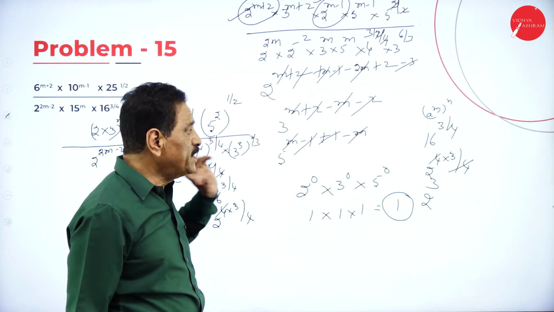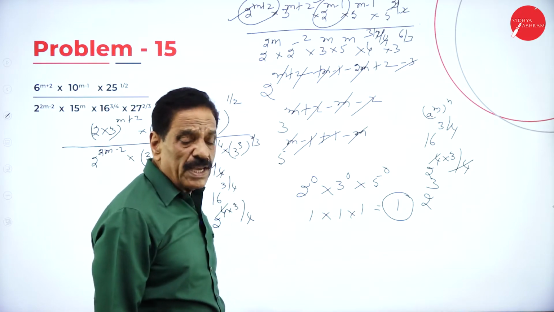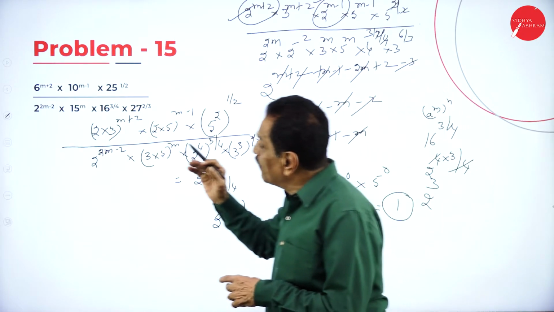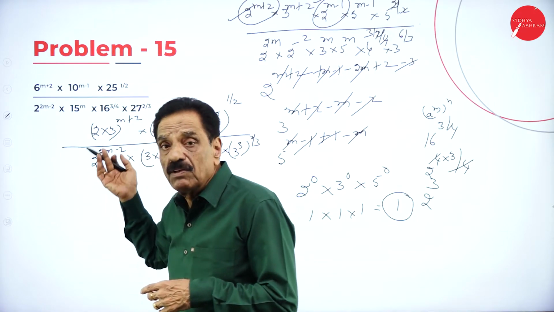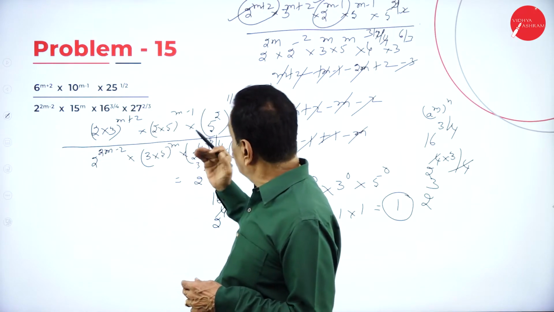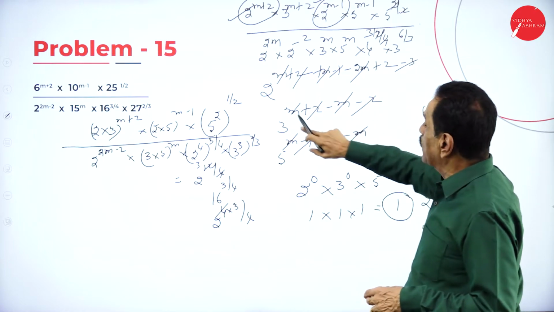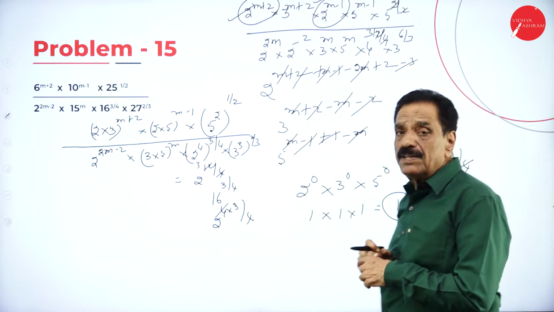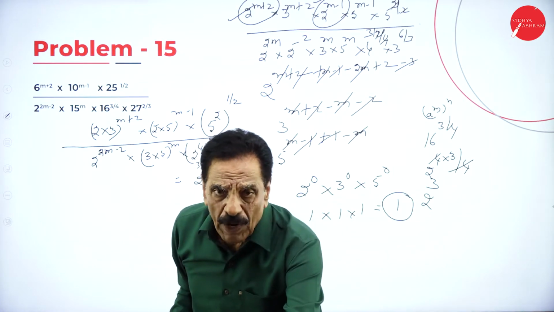So simplify this. I think you understand this. So anything to the power of 0 is 1. I simplify in the form of 2, in the form of 3, and I took the 2 as a base, 3 as a base, 5 as a base.